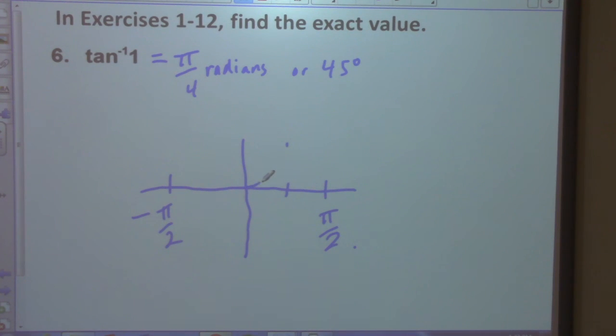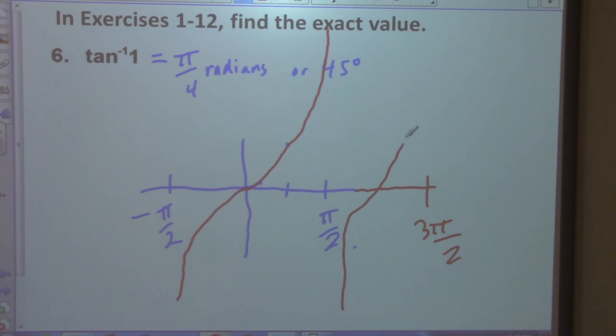So our tangent function, I'm going to draw it in red, is going to look like this and go up to a vertical asymptote. And then the negative part is going to come down here. So we graph the tan function, it looks like this. But it repeats itself, so if we go over here to 3 pi over 2, it does it again, like this.